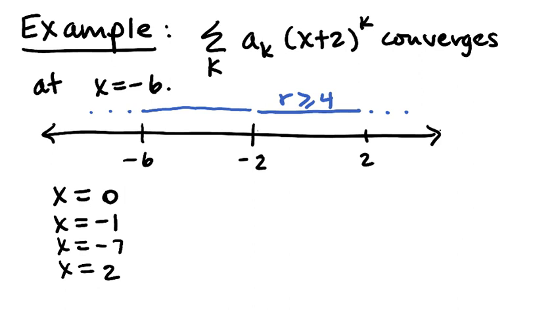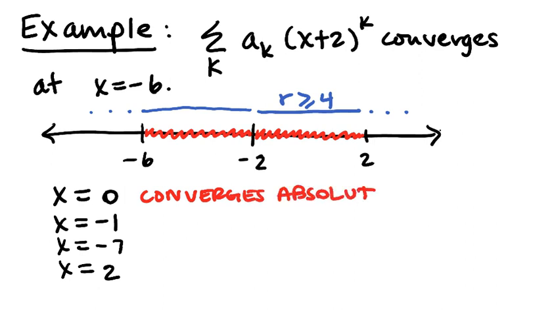Yeah, it converges absolutely because I know the radius is at least 4, so I know that in where I'm coloring in red, it's got to converge. Okay, at x equals -1, same thing. Just gonna remove that.